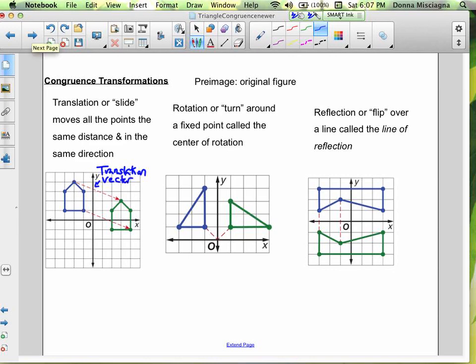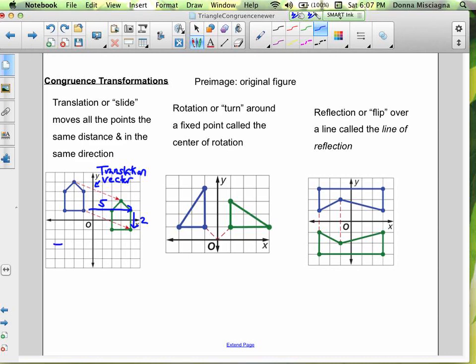Our vector here is going 1, 2, 3, 4, 5 to the right, and 2 down. So I'm just going to write here 5 and 2. This one went to the right, and this one went down.